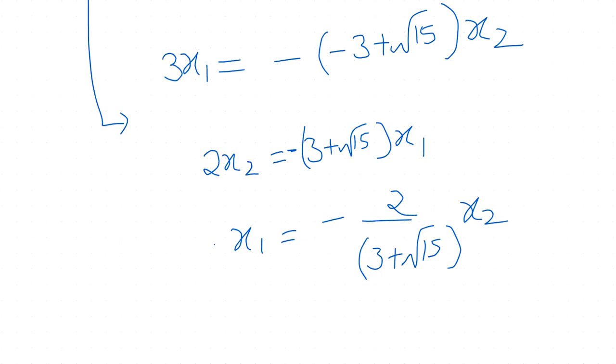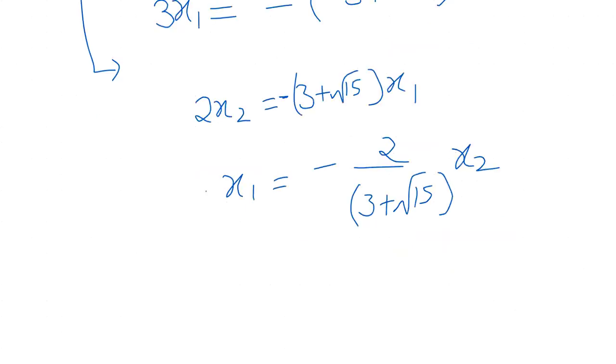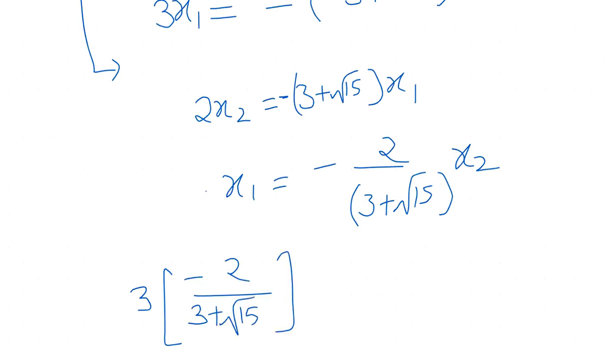So 3, and in bracket we have minus 2 over 3 plus square root of 15, into x2 is equal to, are you getting me? Yes.